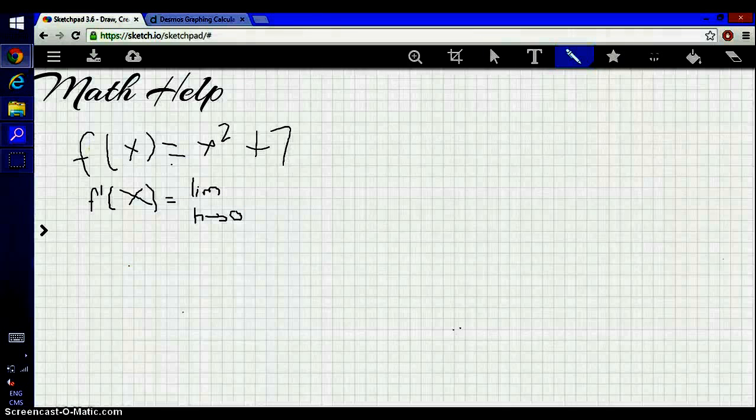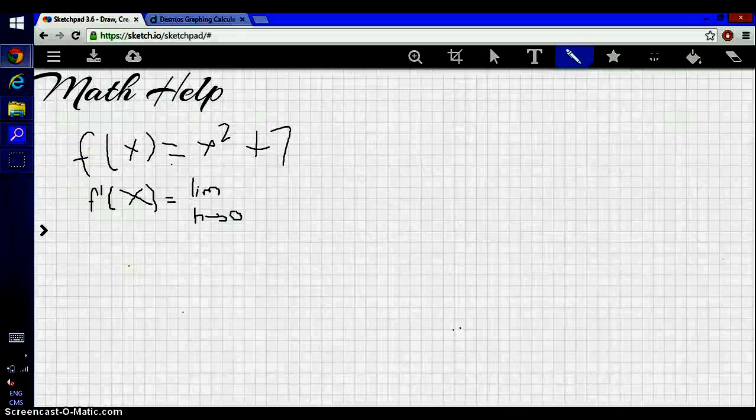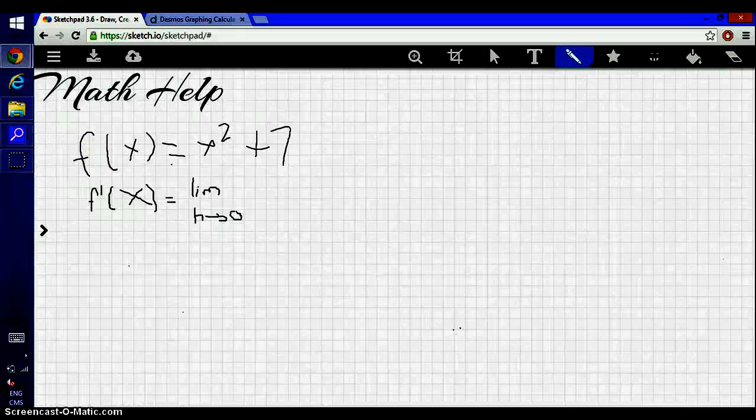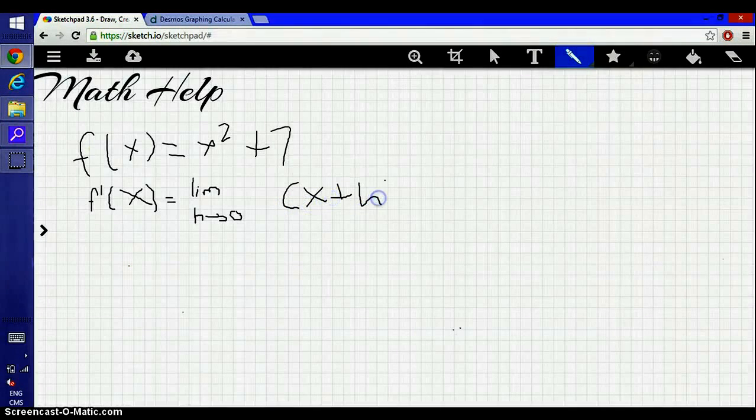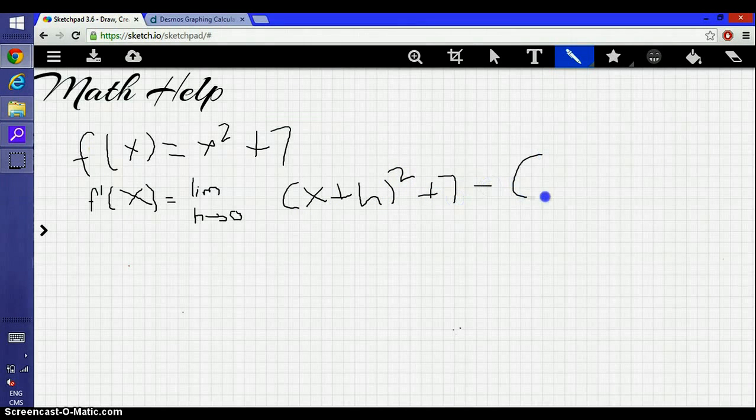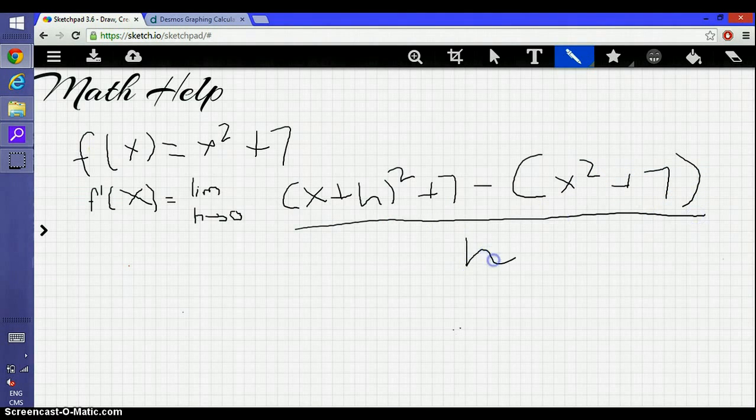Next, we'll substitute x plus h wherever it says x. So the equation becomes x plus h whole squared plus 7 minus x squared plus 7 over h.